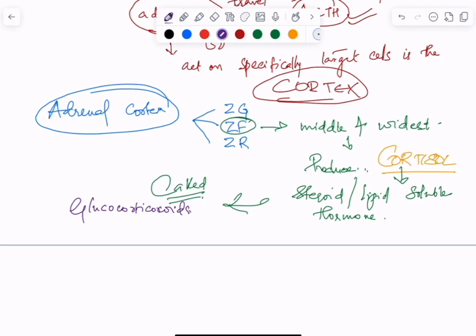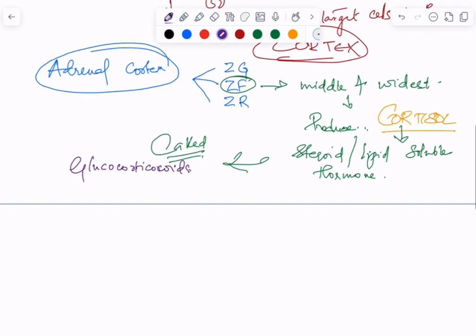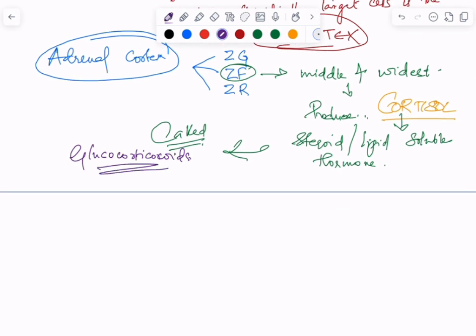Most cortisol in the blood is bound to a specific carrier protein. What is the name of this carrier protein?